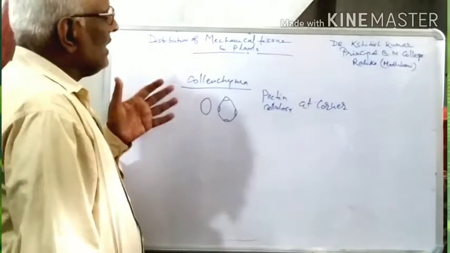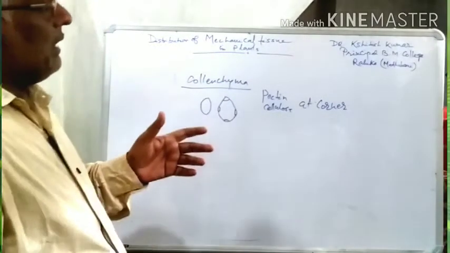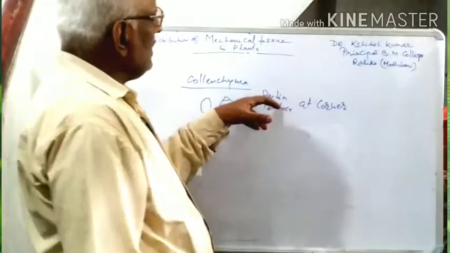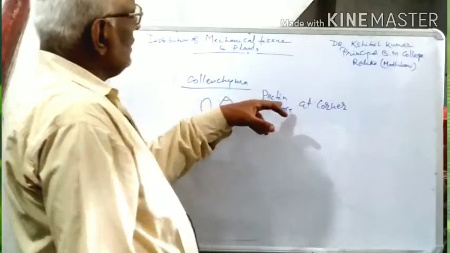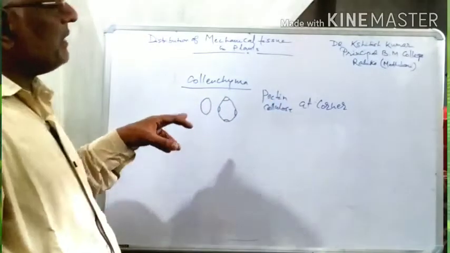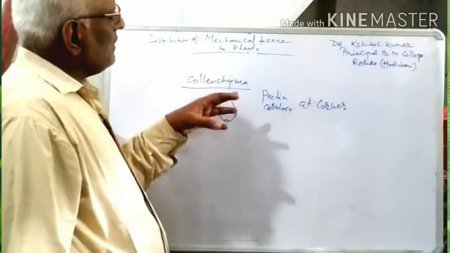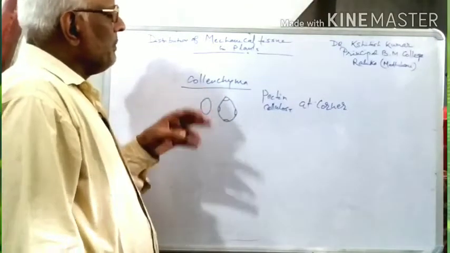When we see collenchymatous tissue in the microscope, due to this thickening the cells become strong, and so they are able to give support to the plants.